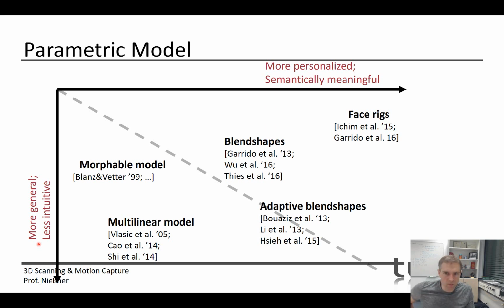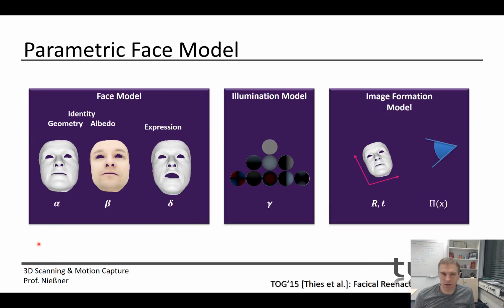Okay, what do we have right now? Well, we have our amazing parametric face model, and this parametric face model has a bunch of parameters. We have the face model itself, the illumination, and our image formation model, right? The image formation model is clear: this is our rigid pose, R and t, and these are our intrinsic parameters defining the camera.